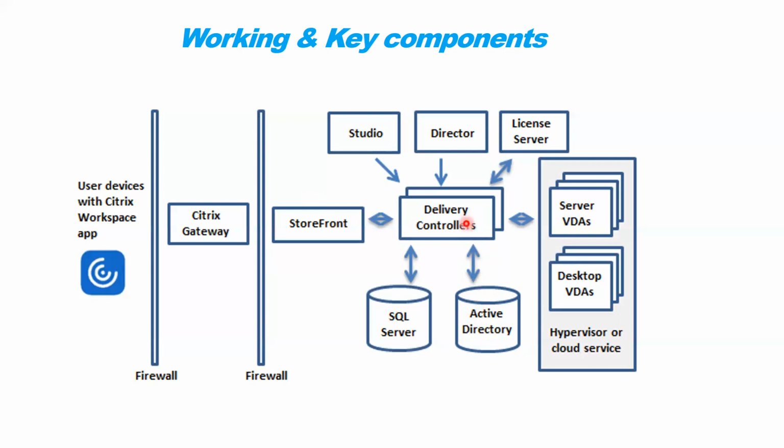Then it goes to the license server, to check what machines or virtual applications or desktops have been allocated to the user. After that, the request comes back to the delivery controller and goes to the SQL server. The SQL server is used as the database: it stores the logging sessions, the site information, and the user information, such as what the user is doing, how long he is logged into the session, when he disconnects and when he connects. All those logs can be found in the SQL server database, right?